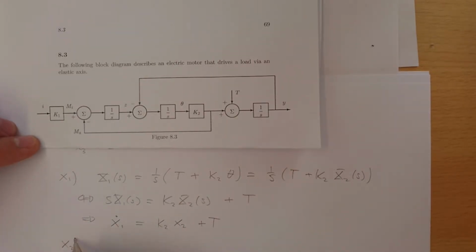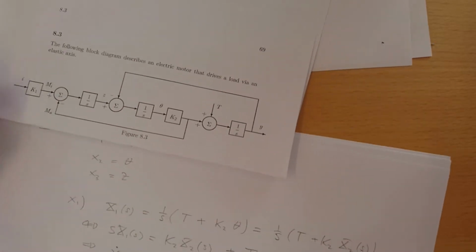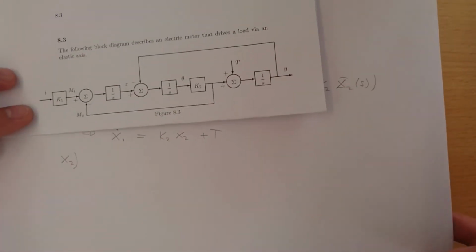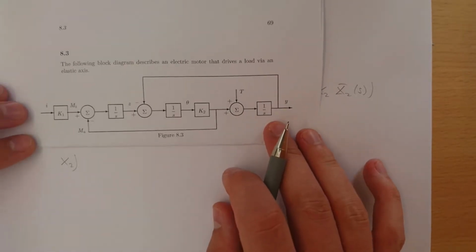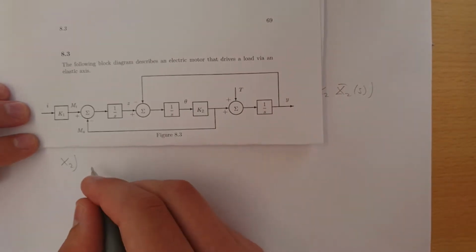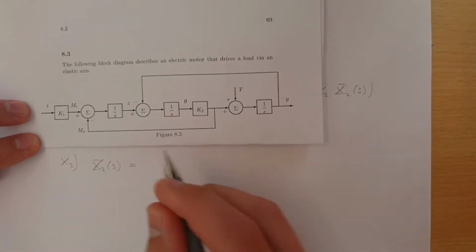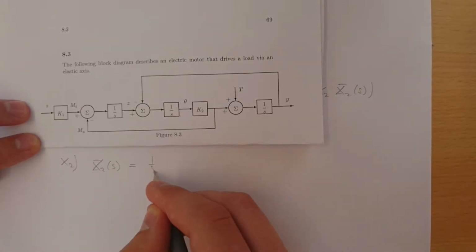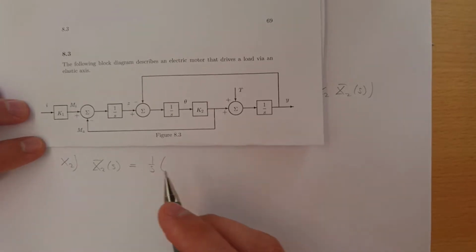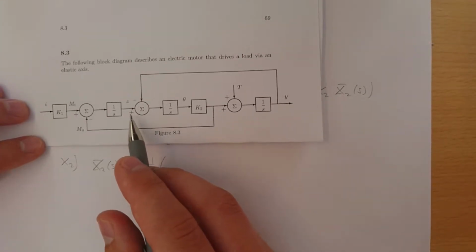Now let's do the same exercise for the state x2. And x2, remember, was the same thing as theta. So x2 of s is equal to 1 on s times the sum of what?